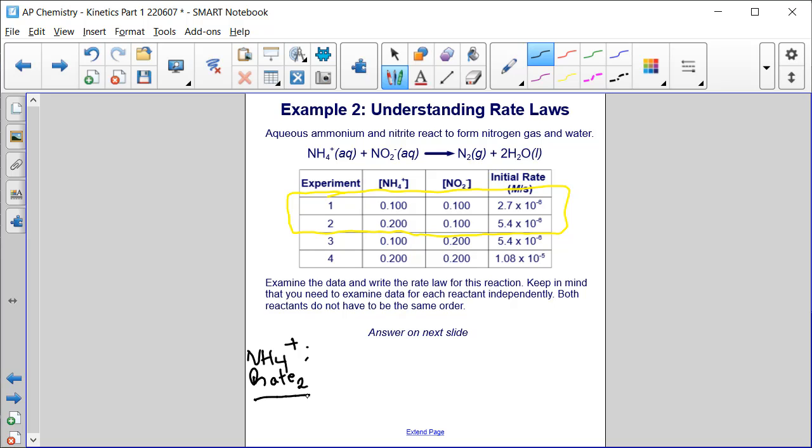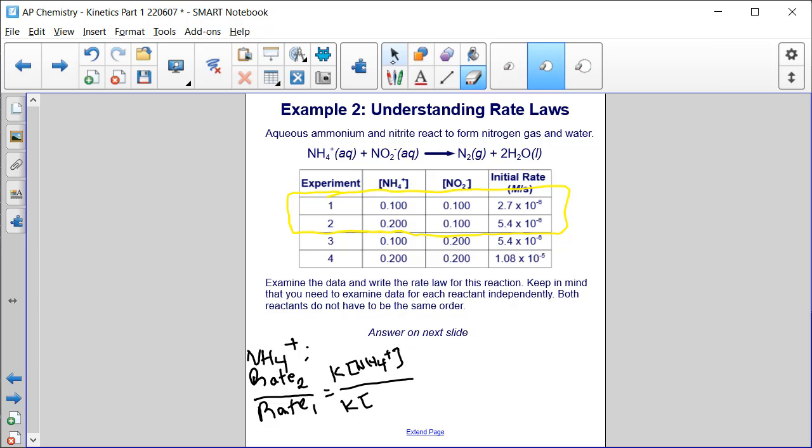of the second experiment over the rate of the first experiment equals K times the concentration of NH4 plus for the first experiment over K times, I have that backwards. Hold on. Anybody catch that mistake as I was writing?